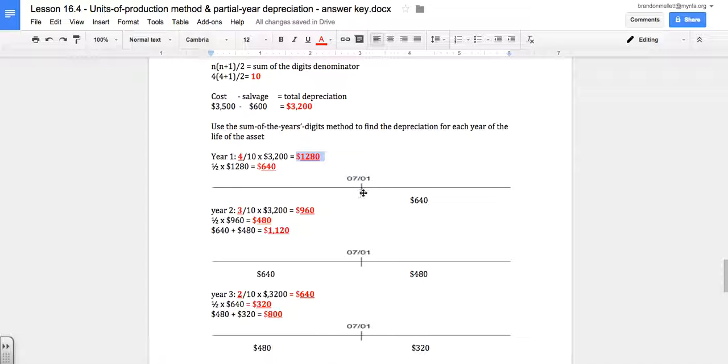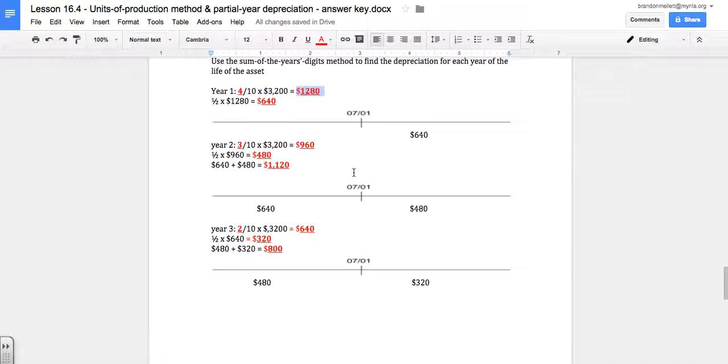So on our timeline here, we purchased it July 1st, $640 it would depreciate by the end of this first year. Then we would take that $640 for the second half and put it towards the next part of the year, the first 6 months.